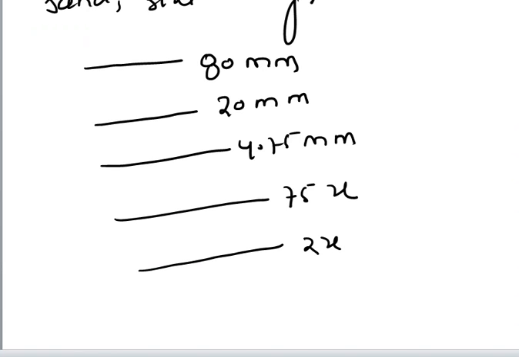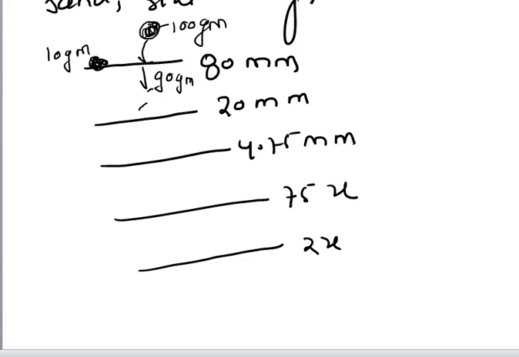Now, the 100 gram of soil which we have taken, we will try to pass it through these sieves. Over the 80 sieve, let 10 grams be retained, so 90 grams will pass.